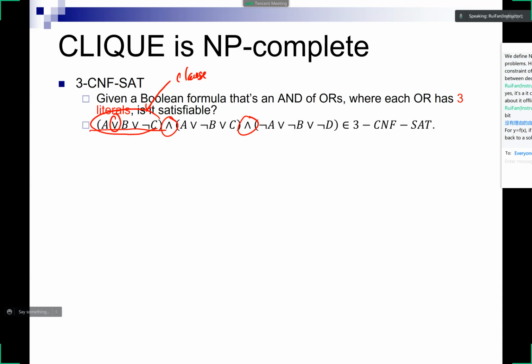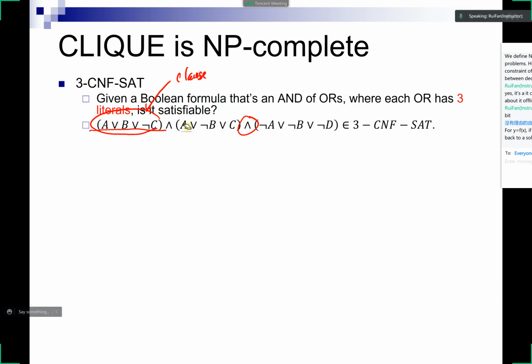When we have a bunch of these clauses and we AND them all together, that is a 3CNF formula. So a 3CNF formula is an AND of ORs of 3 literals.